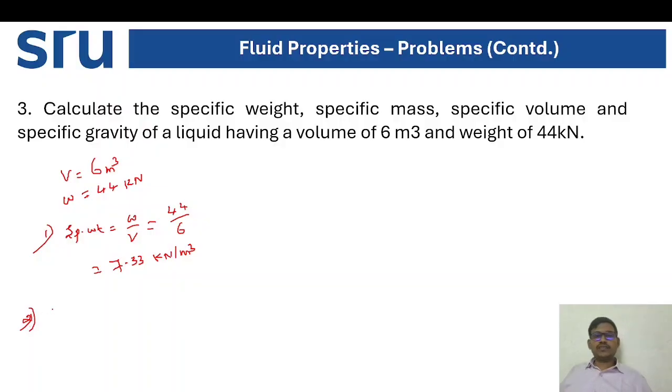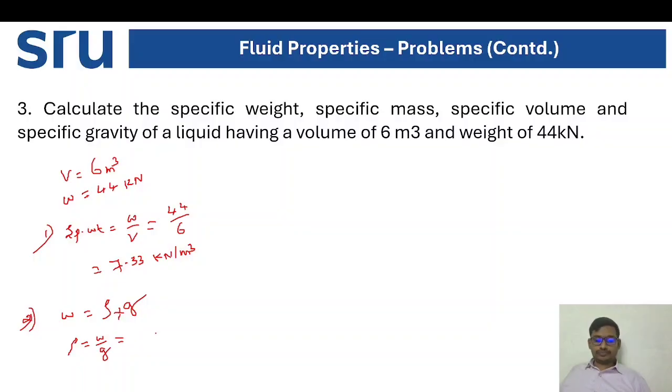And second one, specific mass. So specific mass equal to, as we know, specific weight W equal to rho into g. Agree? Now rho is equal to W by g. Agree?